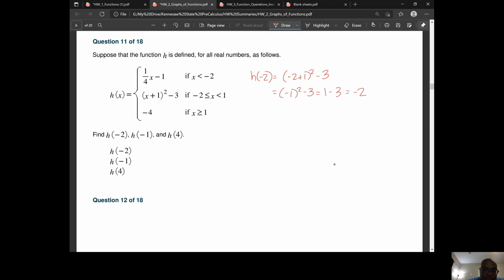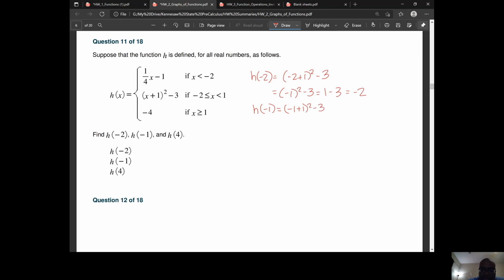Okay, h of -1. H doesn't equal -1 here. H equals -1 here. So h of -1 is -1 plus 1 squared minus 3.